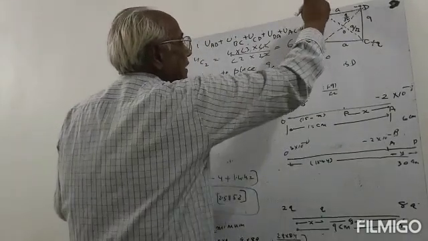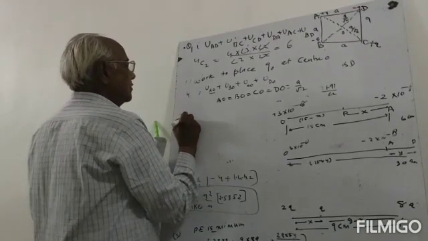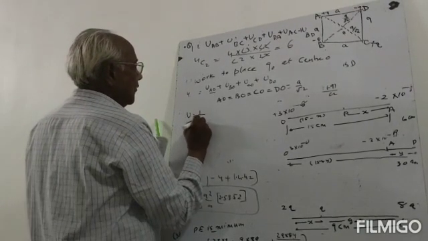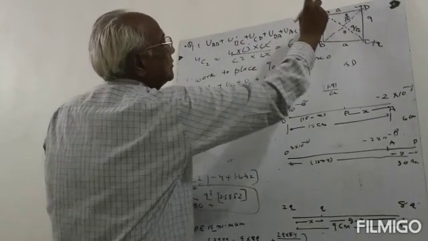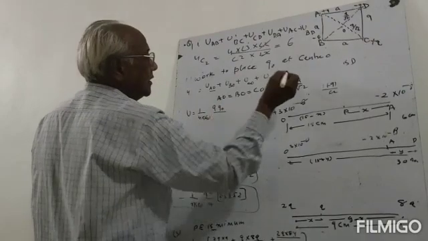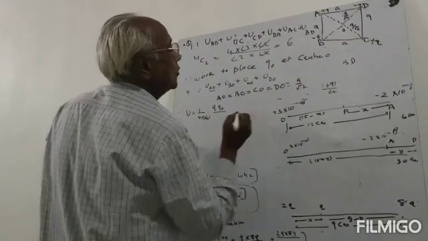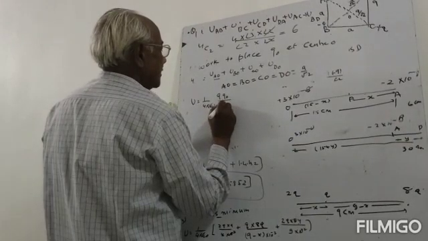Now for charge A, U will be equal to 1 divided by 4 pi epsilon 0 Q positive multiplied by Q0 divided by this distance, that is equal to a by under root 2.